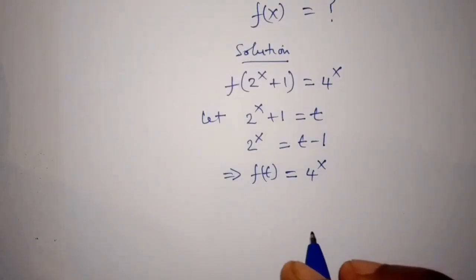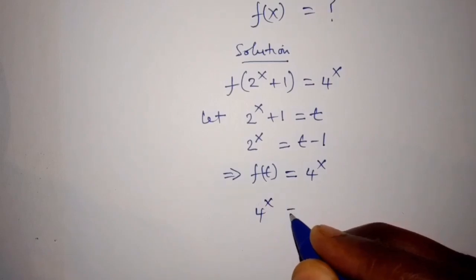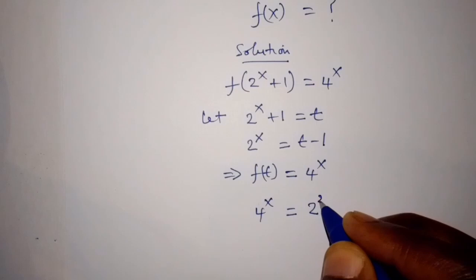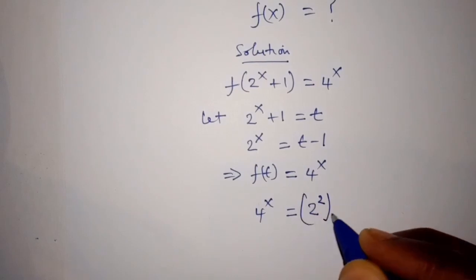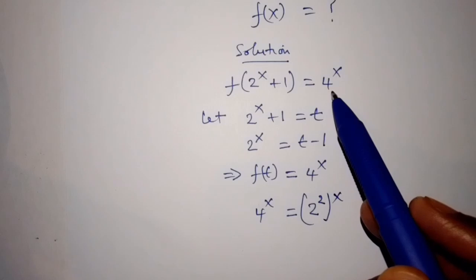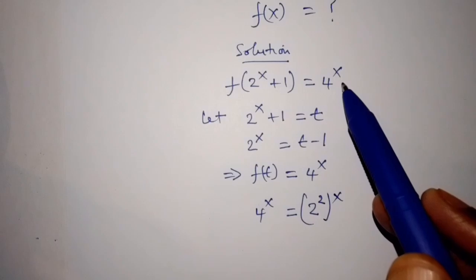But we know that 4^x equals (2^2)^x, because we can write 4 as 2 power 2. Then bracket x.